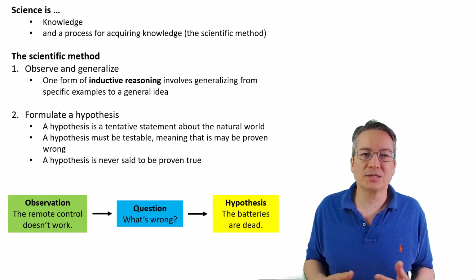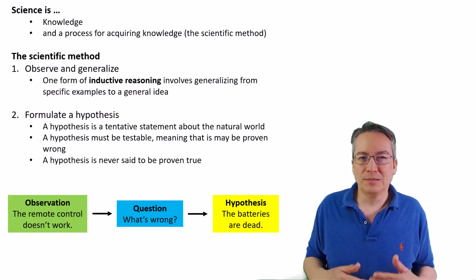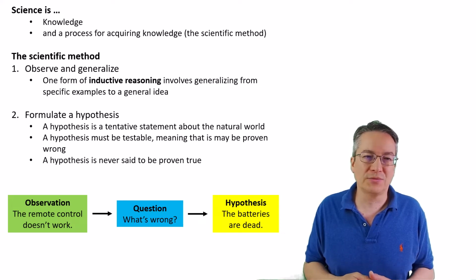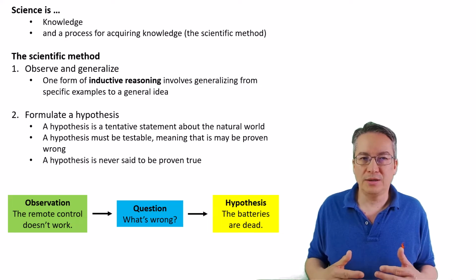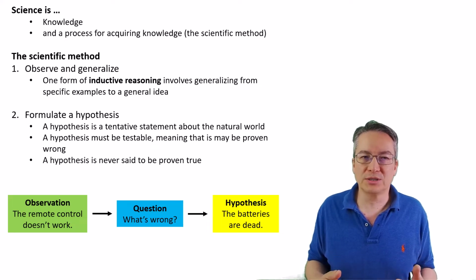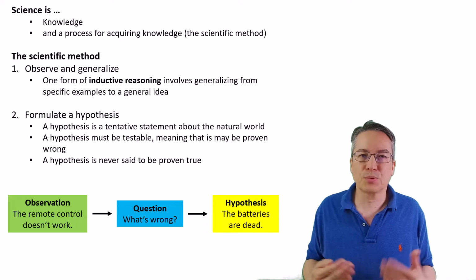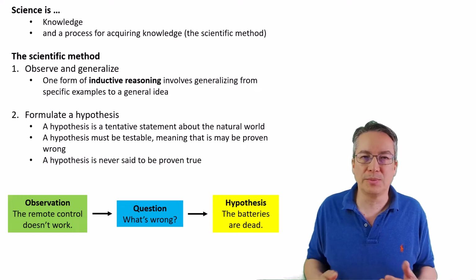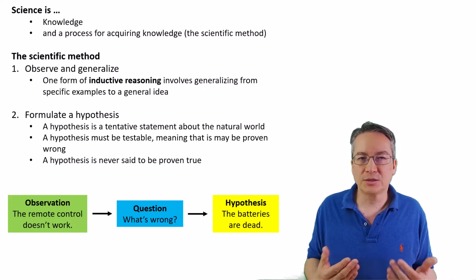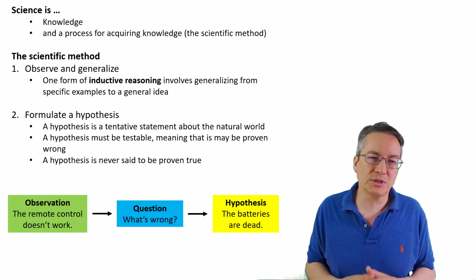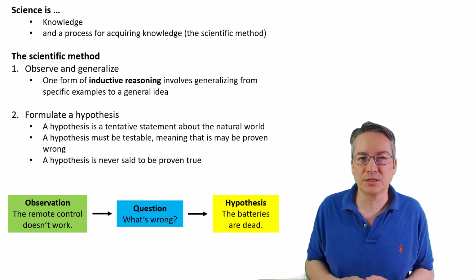That's not really possible. But based on your knowledge, you understand how these devices work. They need to have a working battery. So you generalize from this knowledge that you have, and you say, well, look, this is probably what's happening here. Probably the battery's dead.